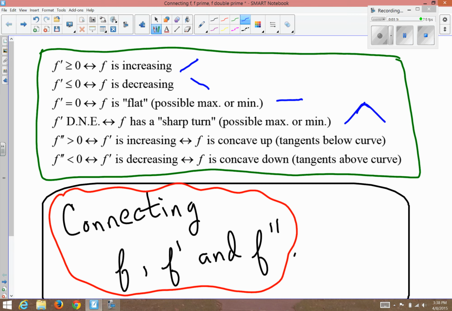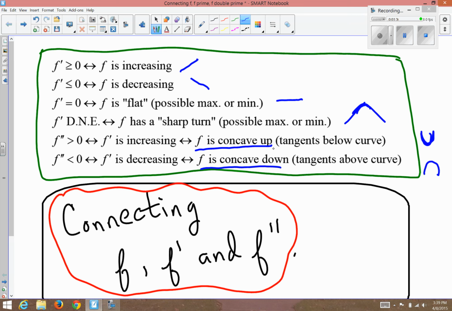Sharp turn. If the second derivative is positive, f is called concave up, like this over here. If the second derivative is negative, f is concave down.